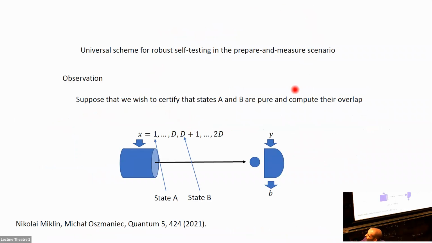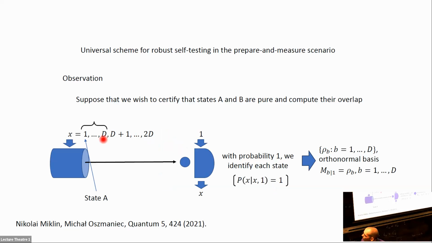Suppose that you have 2 states and you want to certify that they're pure and compute their overlap. One thing you can do is to embed them in some scenario with D states, and then you assume that this one is state A, while this one is state B. Now suppose that you conduct essentially a state estimation of the first D states, and you find that with measurement 1, you can always identify which state was prepared.